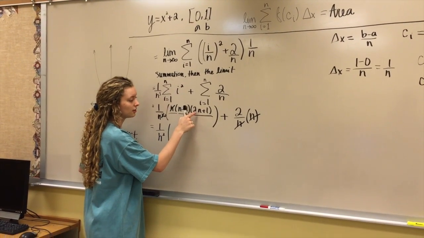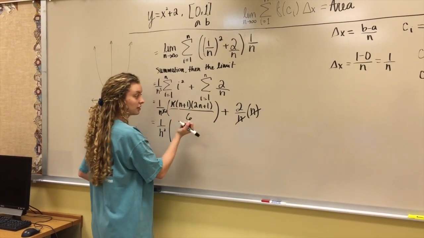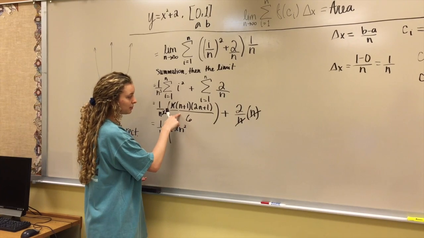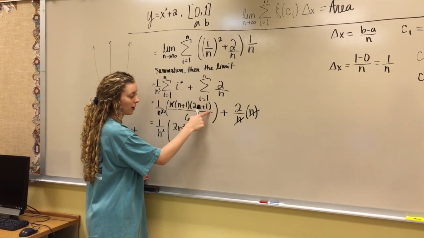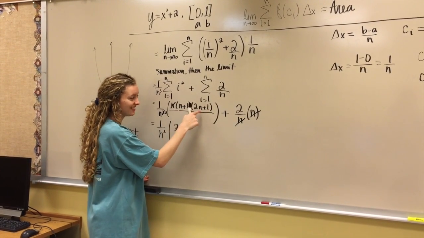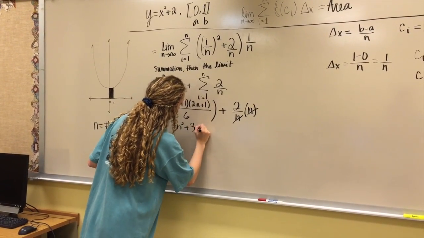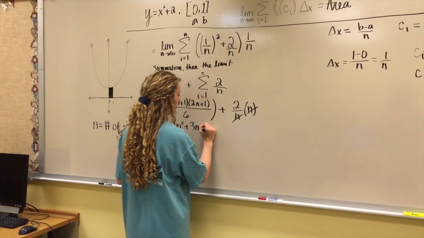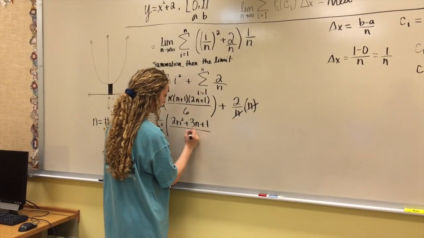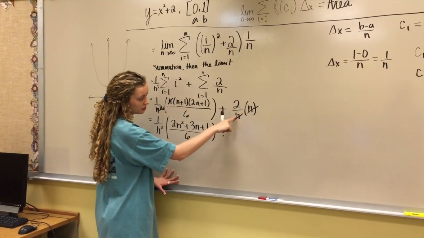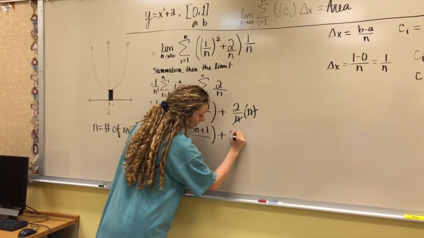So it's going to be 2n times n, which is 2n squared. And then I'm going to multiply n times 1 plus 1 times 2n. When you add this together, it'll be 3n. And then 1 times 1 is 1. All over 6. And then, since these just canceled out, it's just going to be plus 2 on the end.